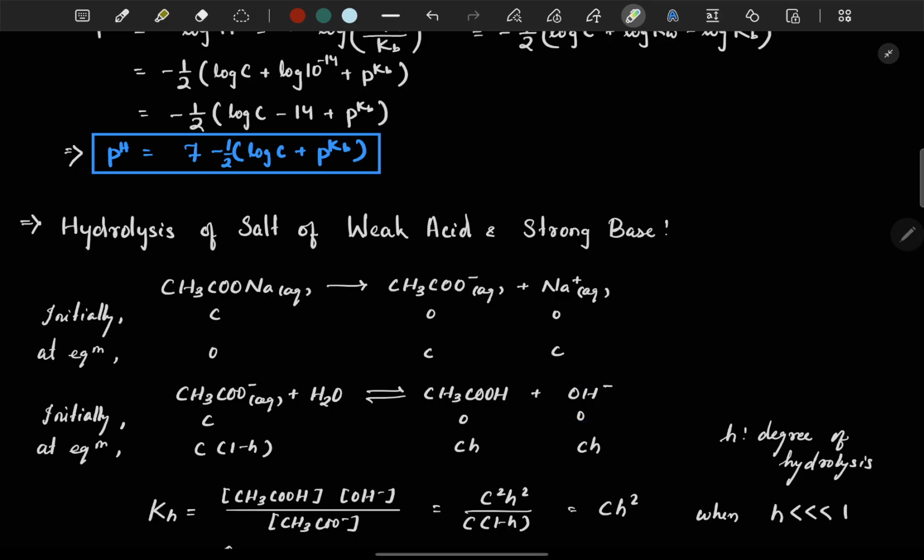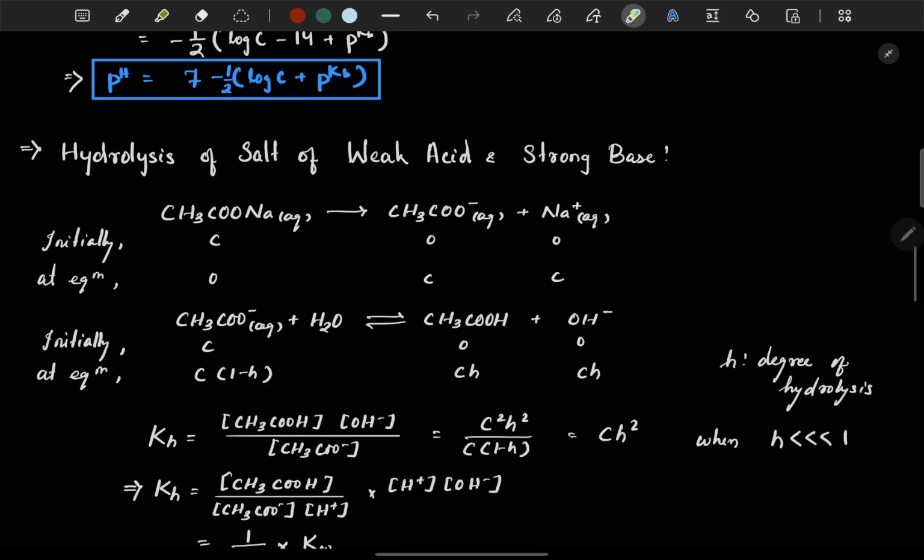salt solution. So if the concentration is C, at equilibrium this will be C into 1 minus h, and the amount of acetic acid and the amount of OH minus ion produced will be Ch. So again, if you write down the value of the hydrolysis constant, this will be concentration of CH3COOH into concentration of OH minus ion divided by concentration of acetate ion.